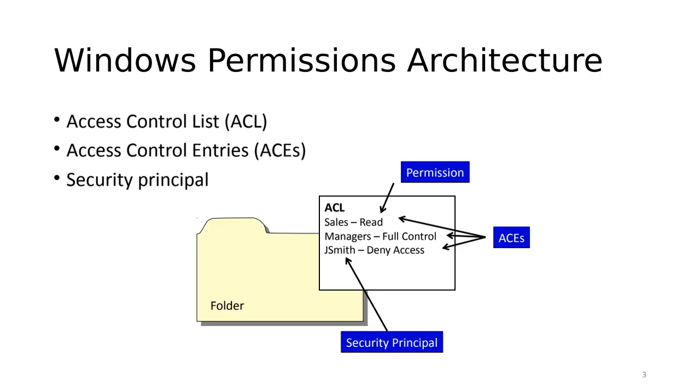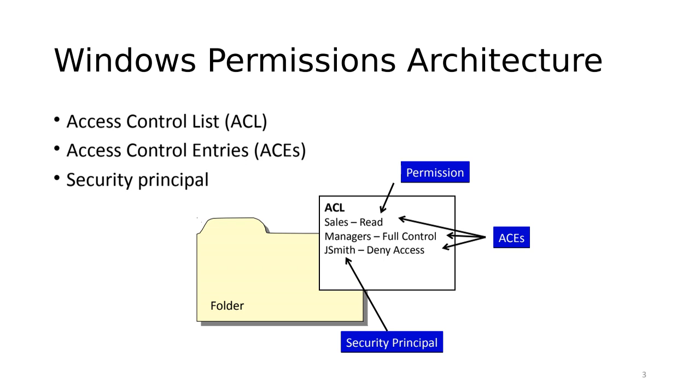In the Windows permission architecture, you have the ACL, and then you have the security principal. First of all, the ACL is the whole thing.